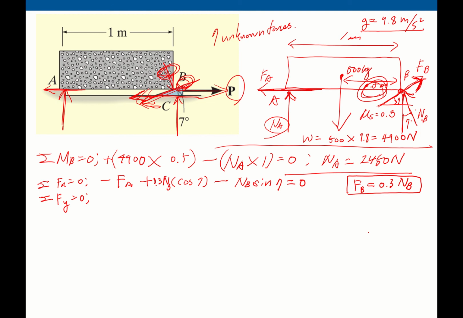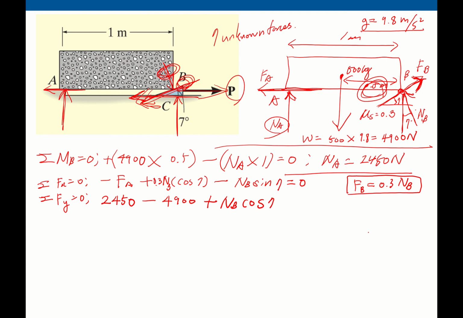For the y-axis, we know that there is support at point A, which is 2,450 Newton, which is positive, minus 4,900 Newton because of the weight of the stone. Another one is we have a normal force plus normal force B cosine 7 degrees.